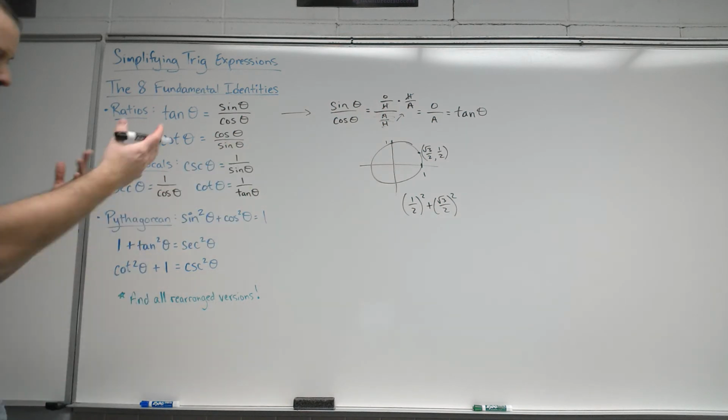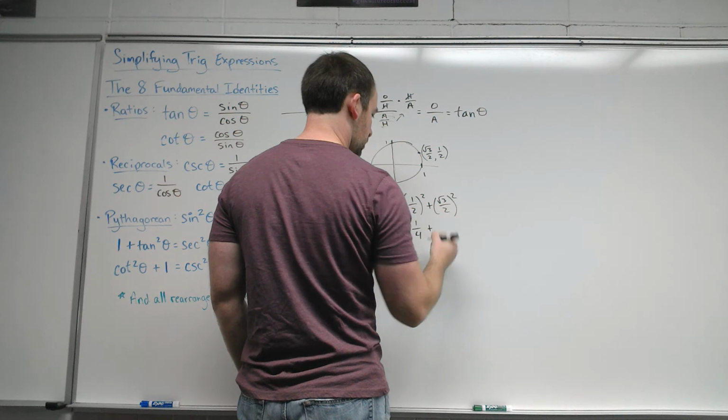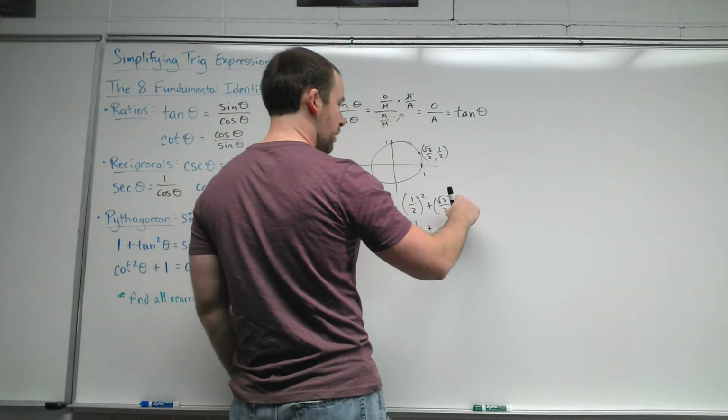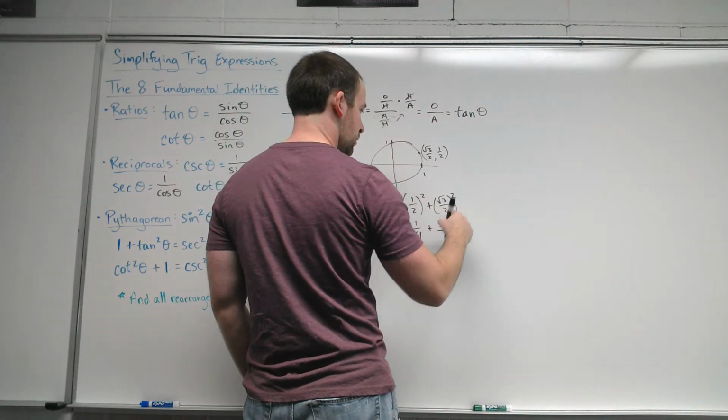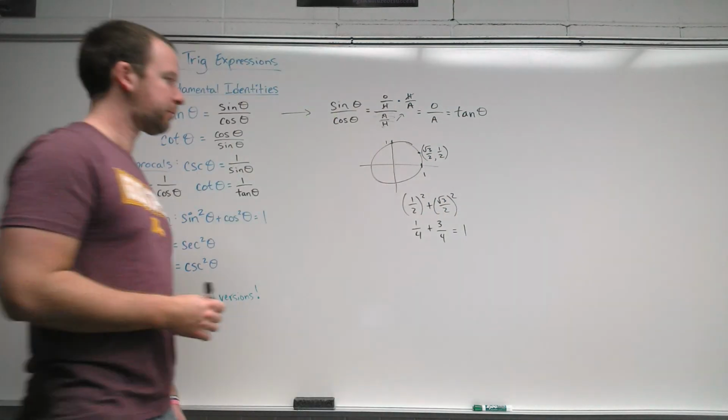I'll show that for this example. 1/2 squared is 1/4. Root 3 over 2 squared is 3 over 4, which equals 1.